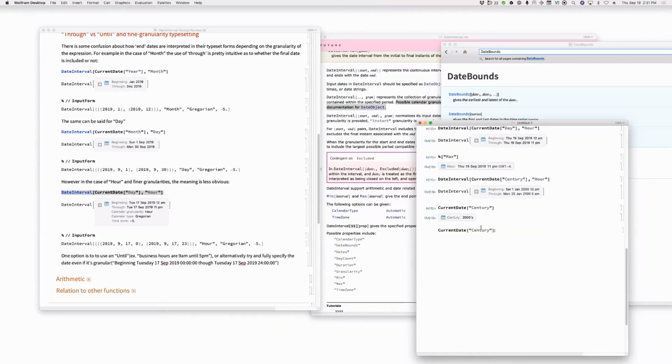So right now we say week beginning. So if you did current date week, say week beginning Monday, we don't typeset it as Monday through Sunday. And if you do week beginning Sunday. Well, we could obviously do the same thing for hour. We could say hour beginning, but I think it's more obscure. Hour beginning would certainly do the right thing.